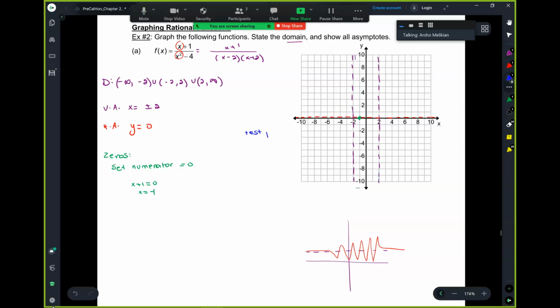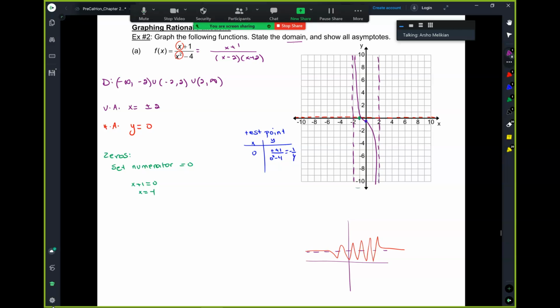Let's plug in a value, an x value from that region. Let's say 0, and plug it into the function. We get 0 plus 1 over 0 squared minus 4, which is negative 1 over 4. So at x is 0, y is negative 1 over 4. Now there is no other way for it to look, correct?